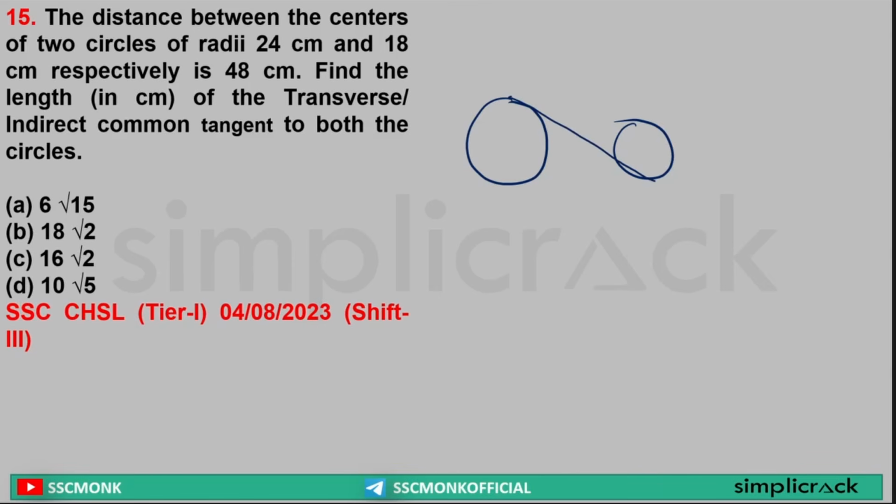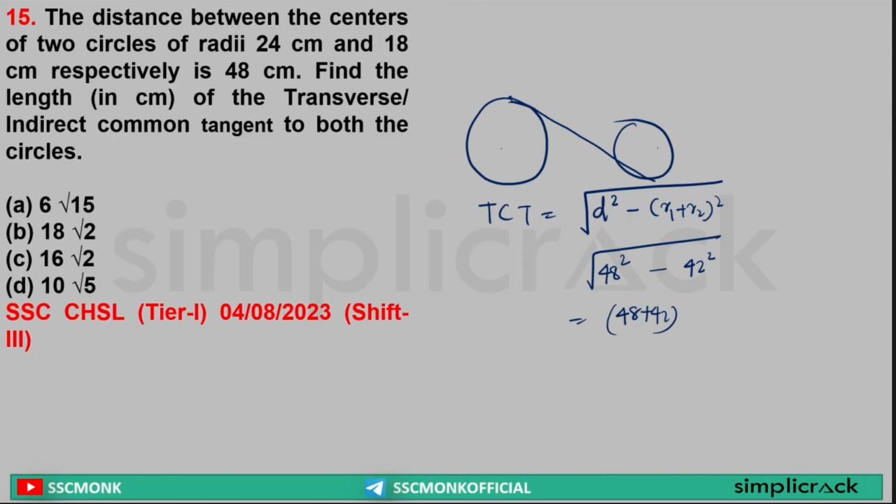Now understand this. Transverse common tangent formula is equal to square root of d square minus (r1 plus r2) whole square. D is what? Distance between two centers. That is equal to square root of 48 square minus (24 plus 18 is equal to 42) square. Sir, 48 square minus 42 square can be written as 48 plus 42 into 48 minus 42.